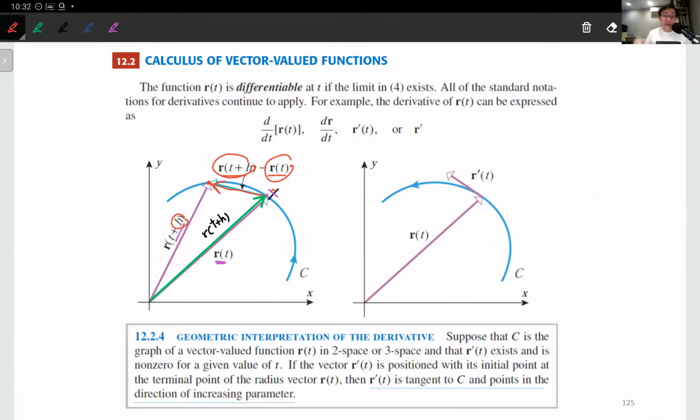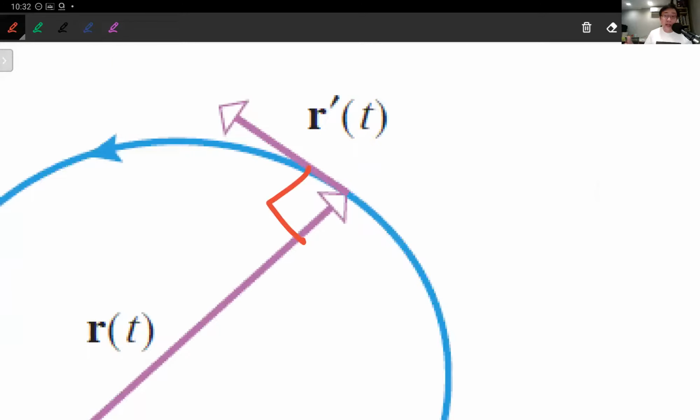And that is the conclusion here. Whenever you find the derivative of a function, if that function is a vector valued function, the derivative is another vector, of course. But the direction of the derivative is perpendicular to the original function right there. Or, if you want to say, hey Dan, we have been talking about the tracing of a curve. Every time you have something perpendicular to r, you can think of r as the radius of curvature.